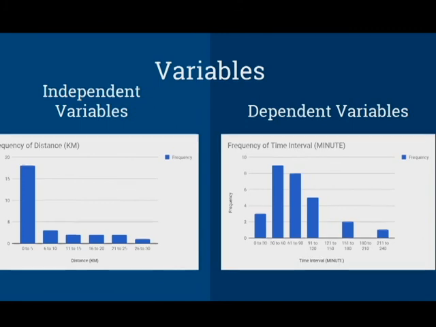The next graph shows the dependent variable, which is the time interval between the time of waking up and their first class. Most students wake up 31 to 60 minutes before class. The overall frequency decreases as the time interval increases.